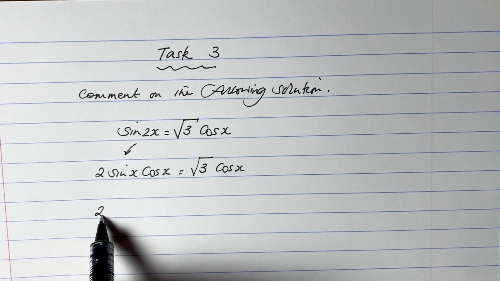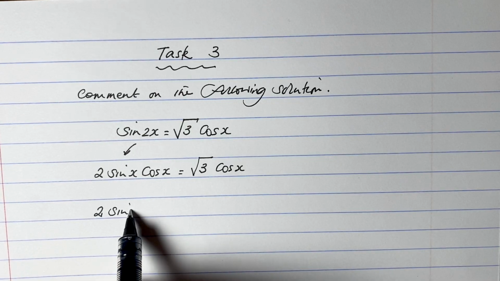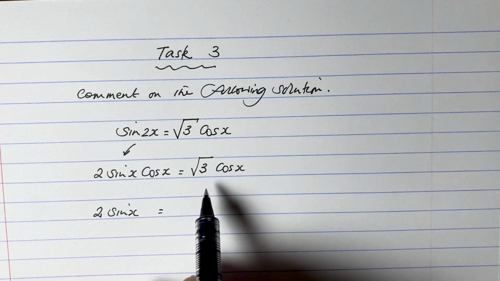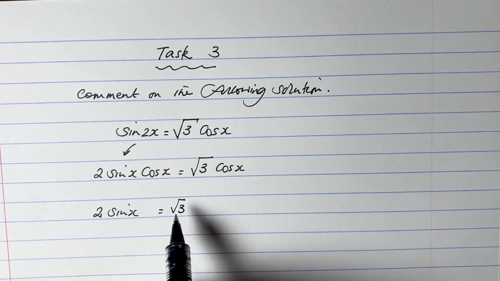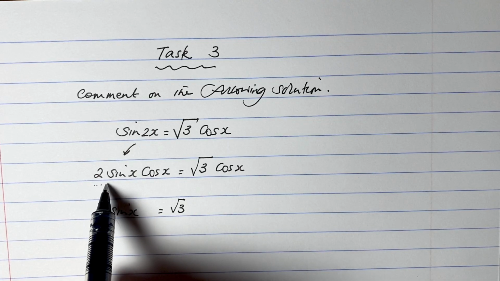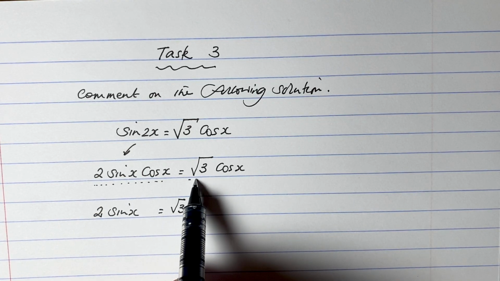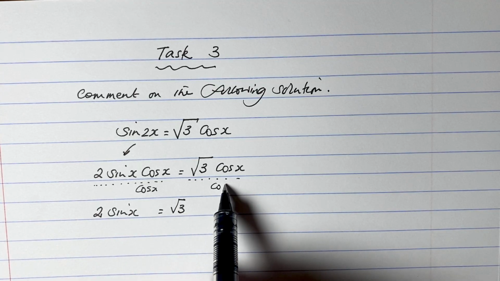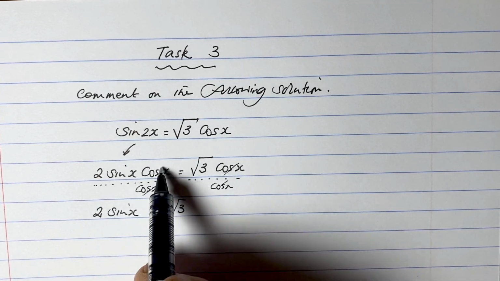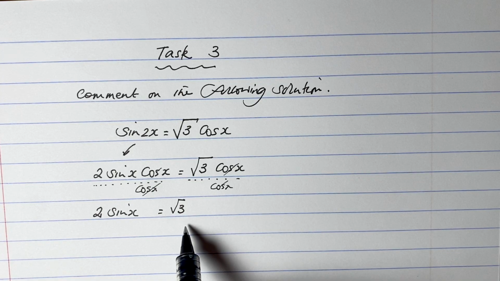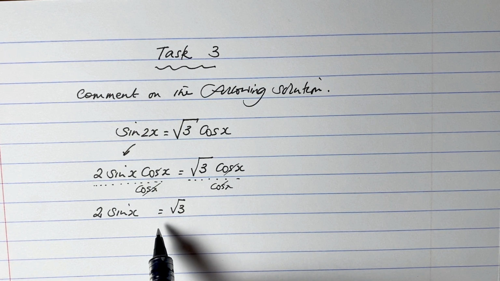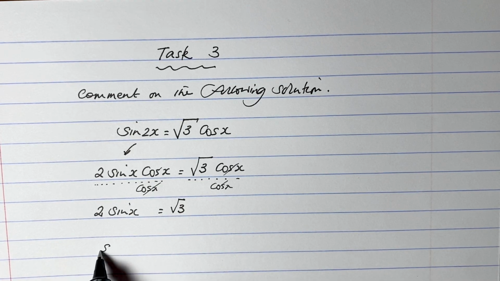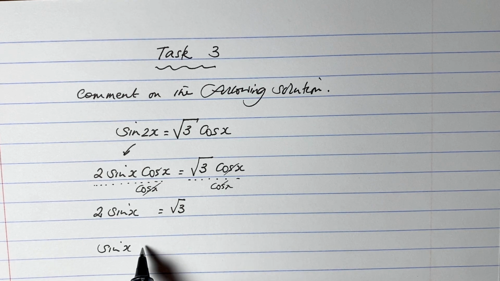This is the problem. What they've done, they have divided both sides by cos of x. So in effect, they've done that. Divided both sides by cos of x. And they've come to this decision. And then they've written sine of x equals what?